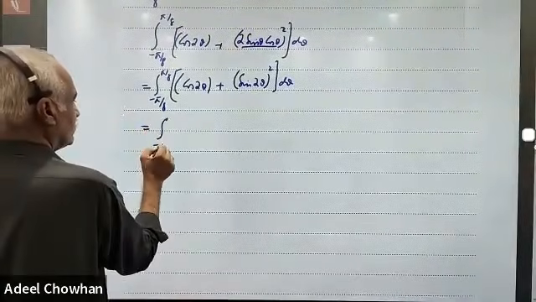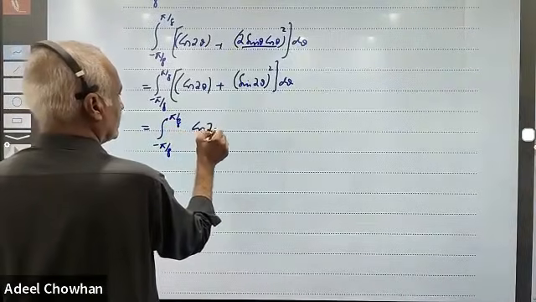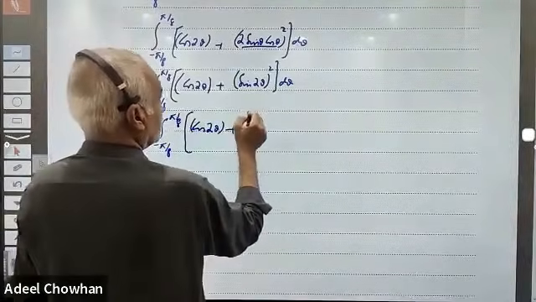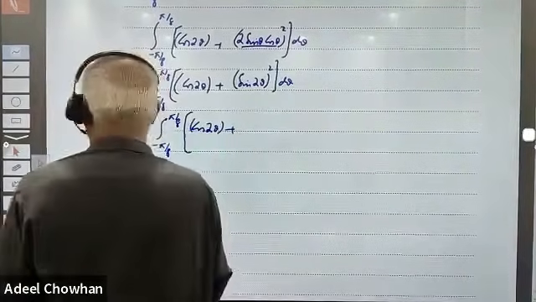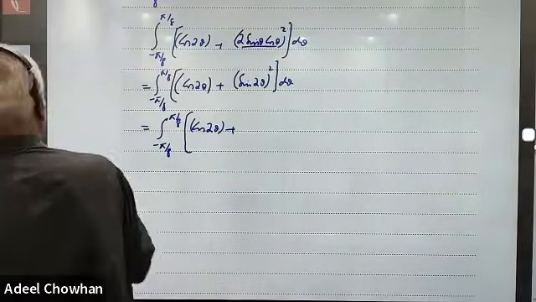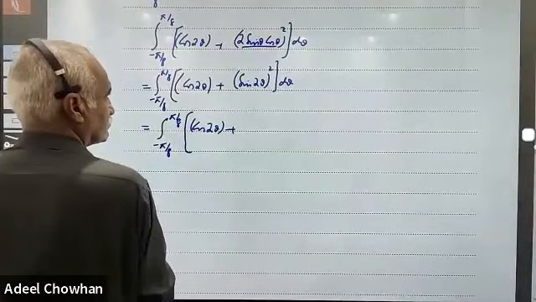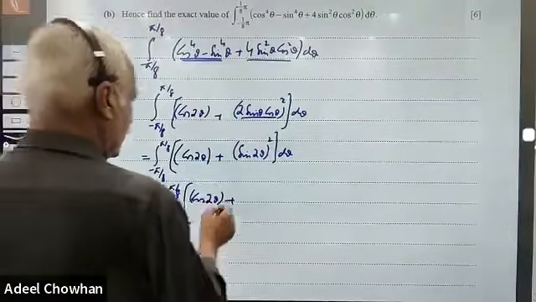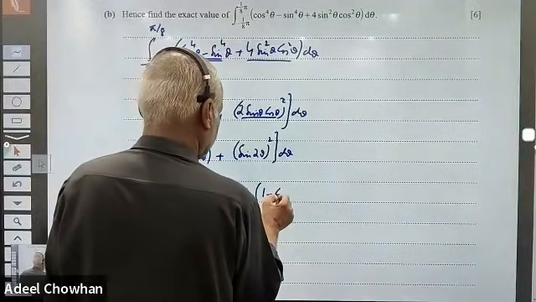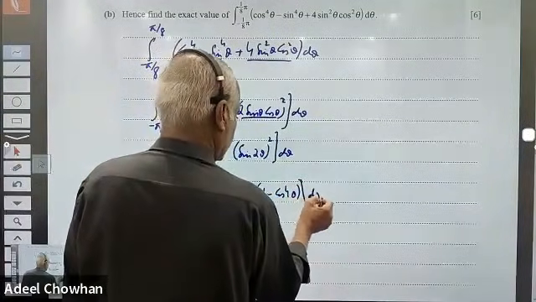That thing is equal to minus pi by 8 to plus pi by 8 cos of 2 theta plus sine square of that thing, which is equal to 1 minus cos of 4 theta plus 1 over 2, 1 minus cos of 4 theta d theta.